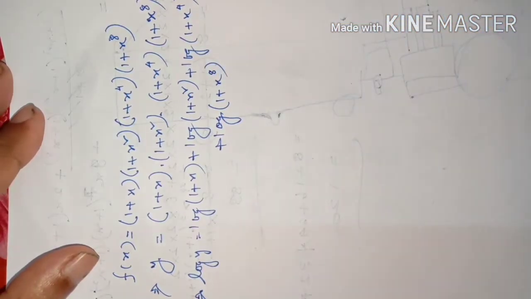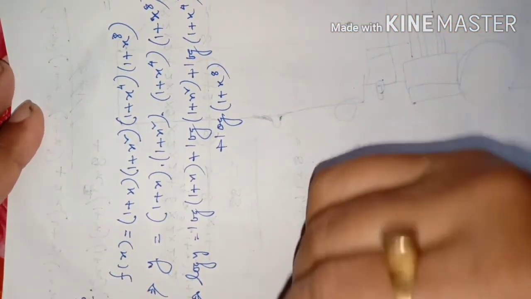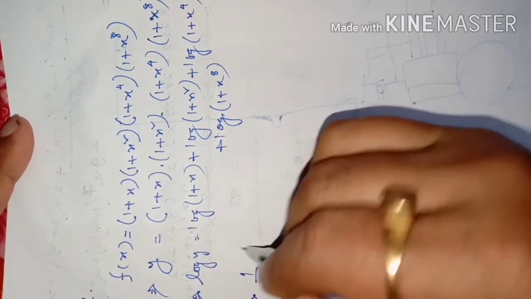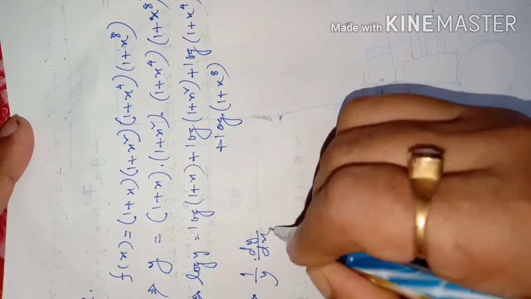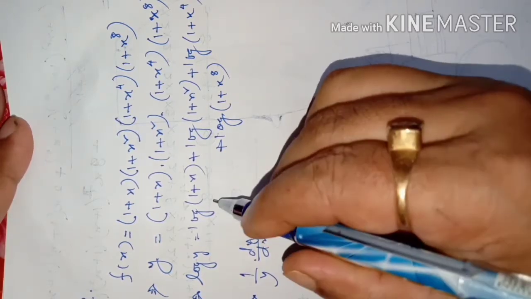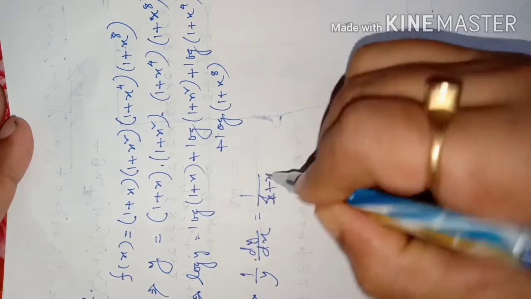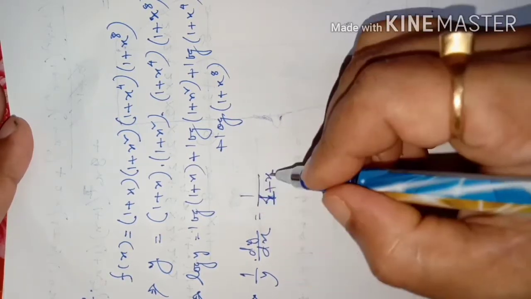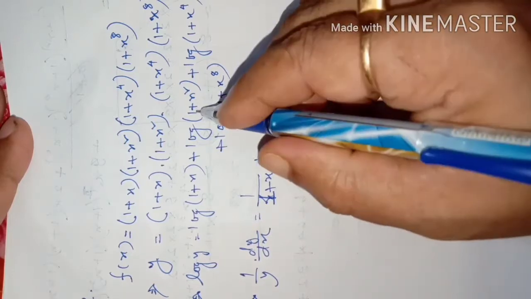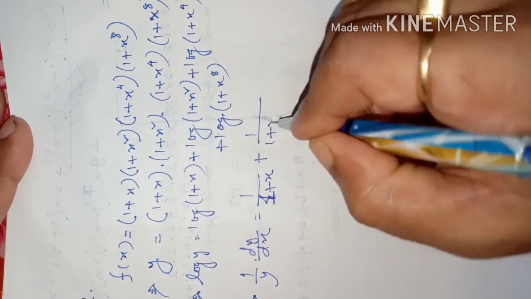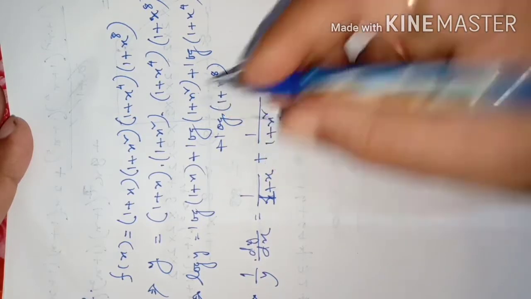Okay, now if we take the derivative of both sides, then derivative of log y is 1 by y into dy by dx, because with respect to x. So derivative of this one will be 1 by 1 plus x, then derivative of x is 1. Plus derivative of log 1 plus x square is 1 by 1 plus x square, and derivative of x square is twice x.